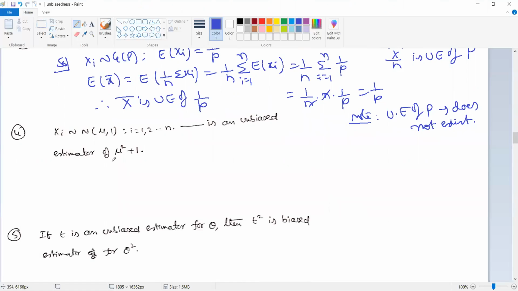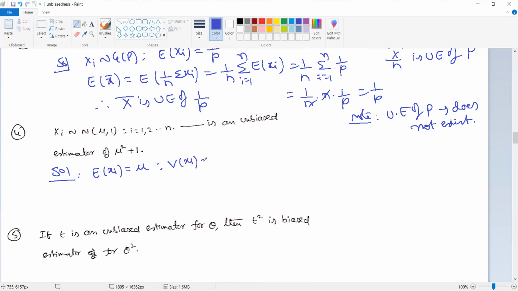Now example 4. Xi follows N(mu, 1), i is equal to 1 to n. Find the unbiased estimator of mu square plus 1. Same thing here, a normal population. Mean E of Xi is equal to mu.